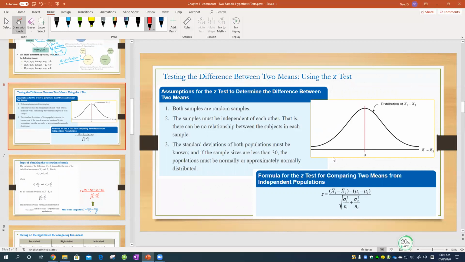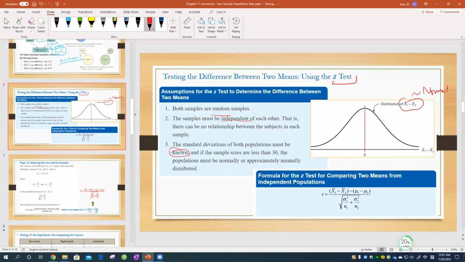So now let's look at some assumptions for this first scenario, the z-test. If we want a z-test, that means we want to make sure the sampling distribution for x1 bar minus x2 bar follows a normal distribution. Then the assumptions we have to meet are: both samples are random samples, the samples must be independent of each other, and the standard deviations of both populations must be known.